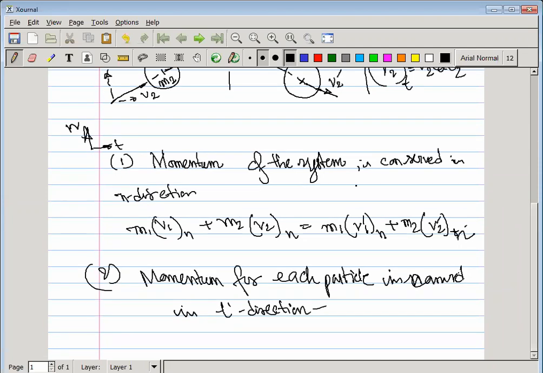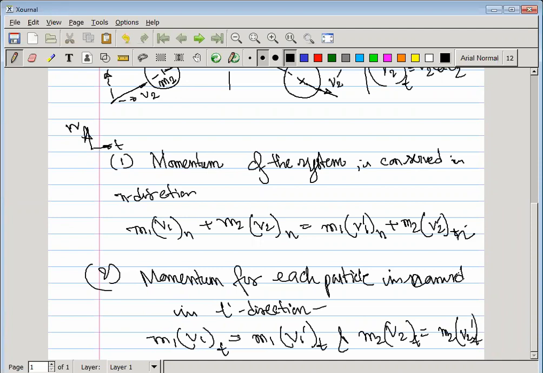In the tangential direction we can write m1 v1 t is equal to m1 v1 dash t, and m2 v2 t is equal to m2 v2 dash t.